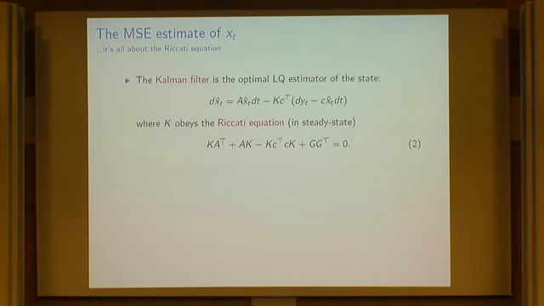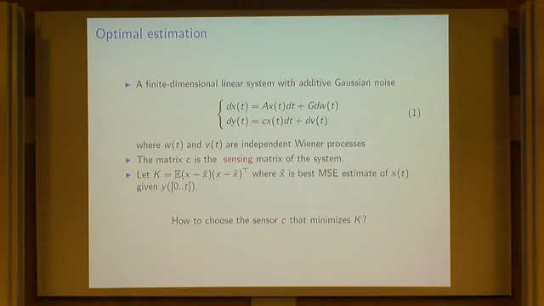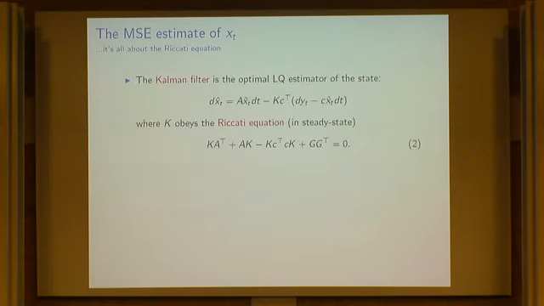Well, there are of course many estimation procedures for X given Y, but the MSE, the MAP, the maximum likelihood, all of these coincide in this case, and are given to us by the Kalman filter.